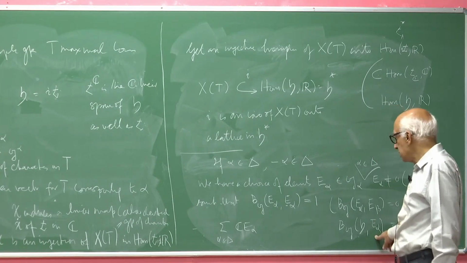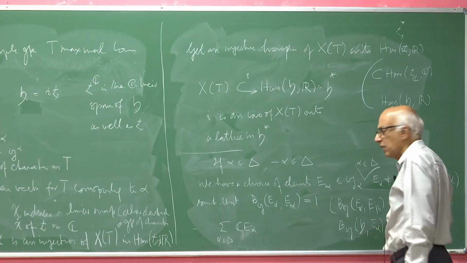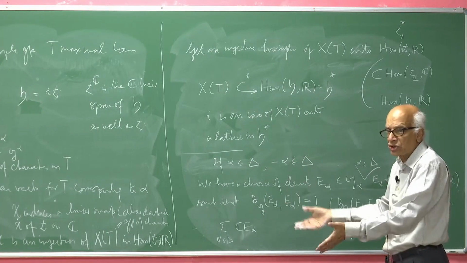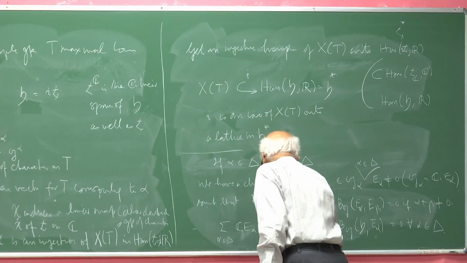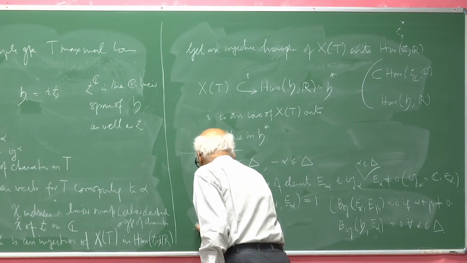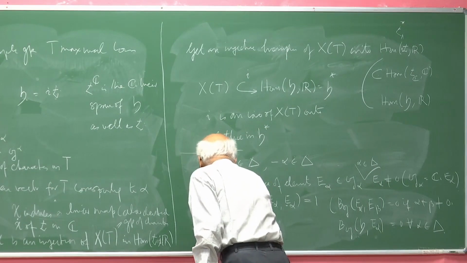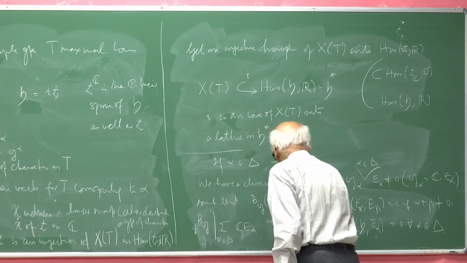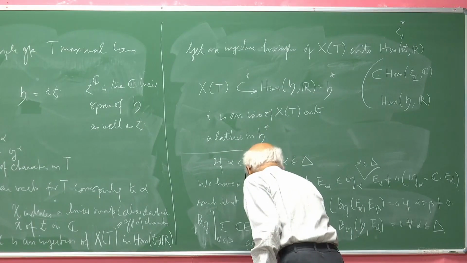H is the orthogonal complement of this sum of C E alpha because H is orthogonal to every E alpha, and the entire Lie algebra is spanned by the E alphas together with H. Because of that, Bg restricted to this, as well as Bg restricted to H, are non-degenerate.